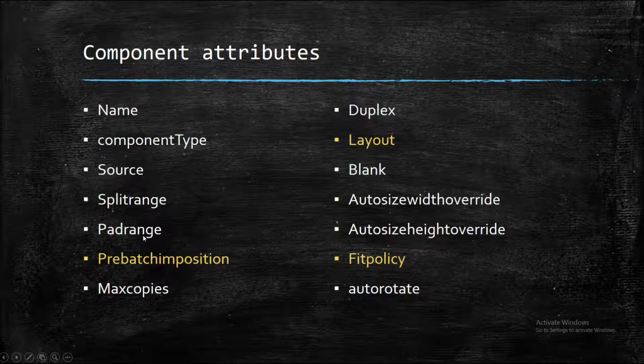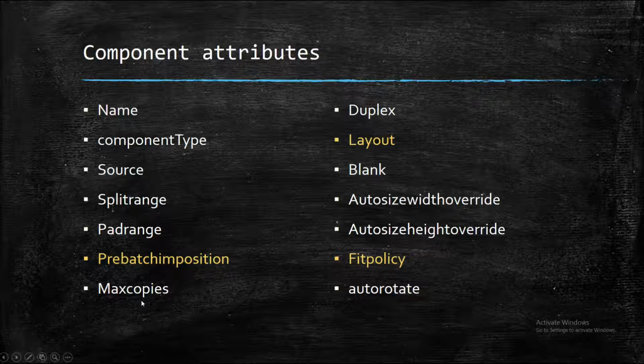Pad range works in the same way, but that attribute is used to pad a particular page or range of pages with an extra blank page, if the need ever arises to do that. We then have the option to specify a pre-batch imposition, which lets us take the pre-batch content we're building and impose that, or run it through an imposition some number up, if there is a need for that as well.